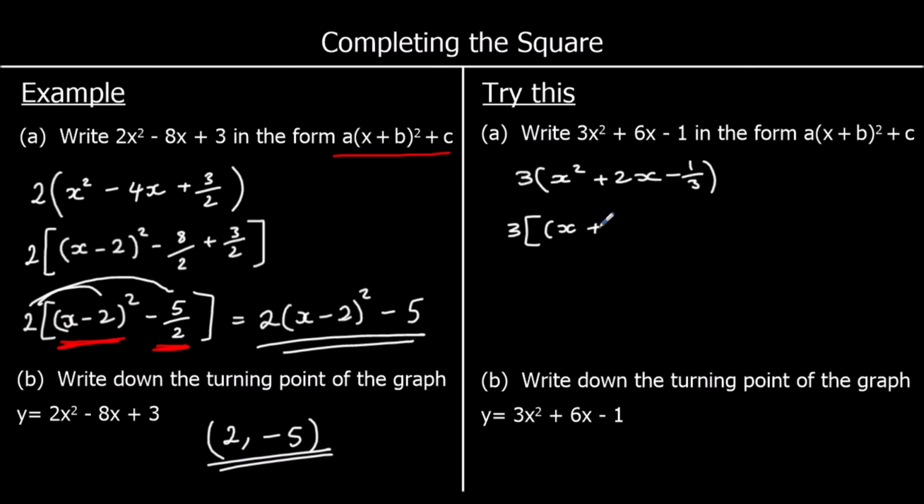So that'll be x plus 1 squared. We're going to take away 1 squared, which is 1. And we've got the minus a third on the end. 1 is the same as 3/3. So we've got 3 times x plus 1 squared minus 3/3 minus another third is minus 4/3.